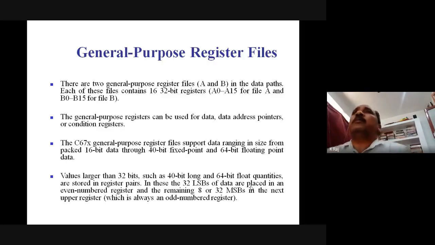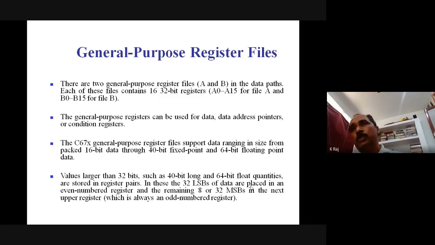Now, if we describe the general purpose registers, there are two general purpose register files, A and B, in the data path. Each of these files contains 16 32-bit registers. And how many registers are there?